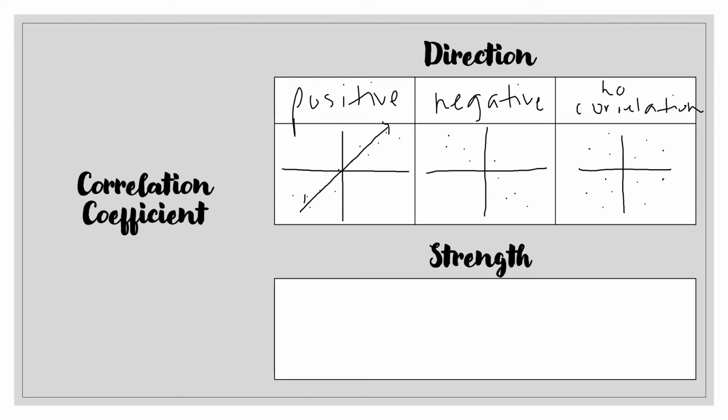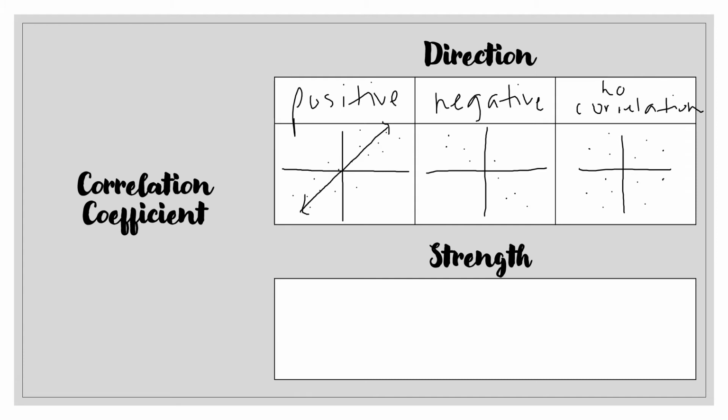The closer that those points fall to the line, the stronger the data. That means it showed a lot of correlation, as opposed to if I had points maybe out here and some more a little bit further from the line, then that's going to be weaker correlation. That data is not very close together.